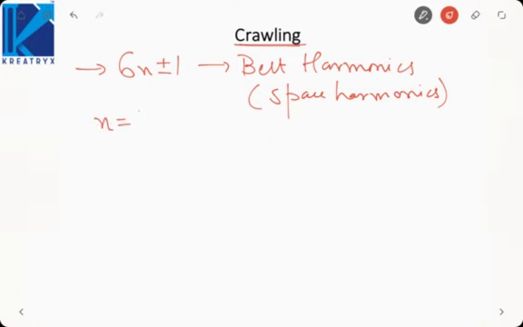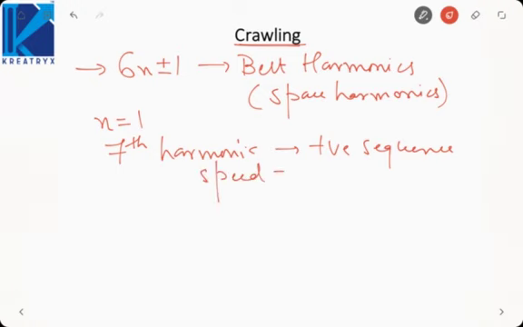Now if n is equal to 1, the harmonics produced are the 7th, 6 plus 1, which is a positive sequence harmonic. The 7th harmonic acts as positive sequence, and the speed of the 7th harmonic is ns by 7. That is, the rotating magnetic field produced by the 7th harmonic has a speed of ns by 7.